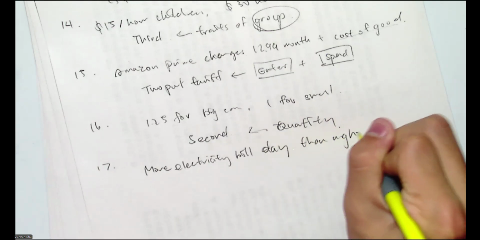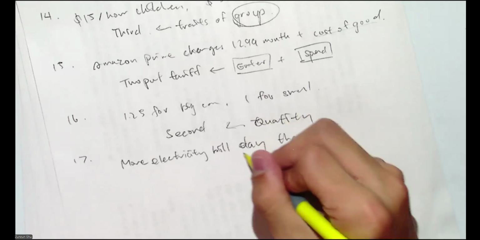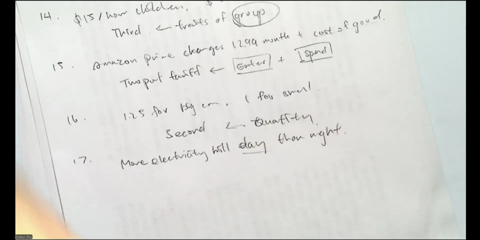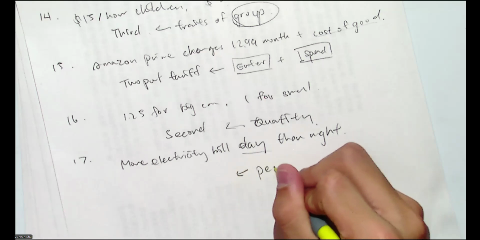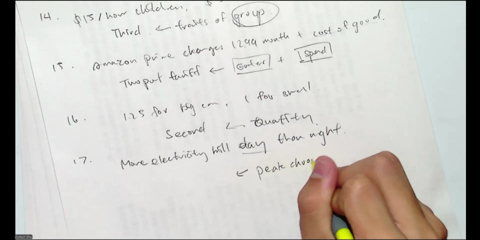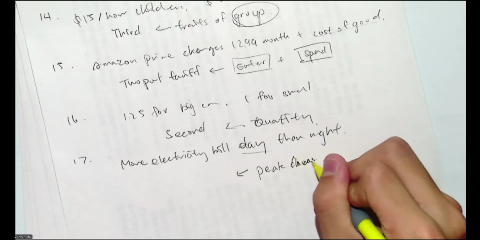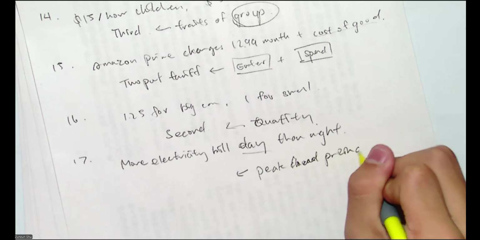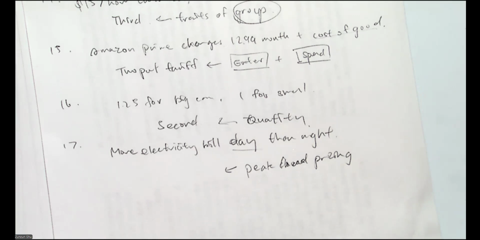And regardless of which one is our peak, supposedly the day is the peak, okay? But regardless of which one you choose, this is going to be peak load pricing, because it's choosing a different price given different levels of demand of electricity during the day.